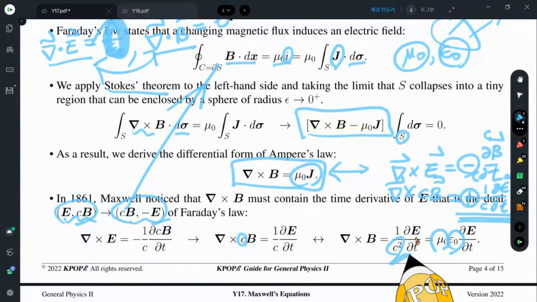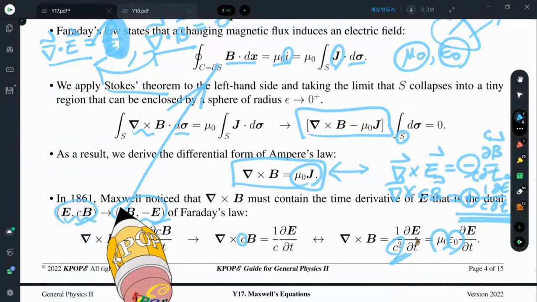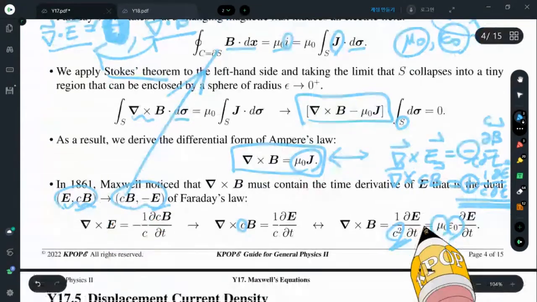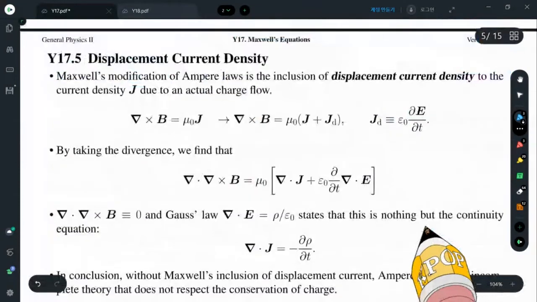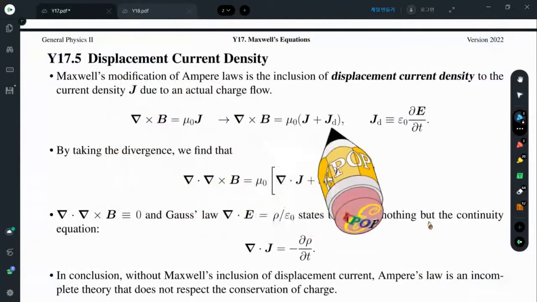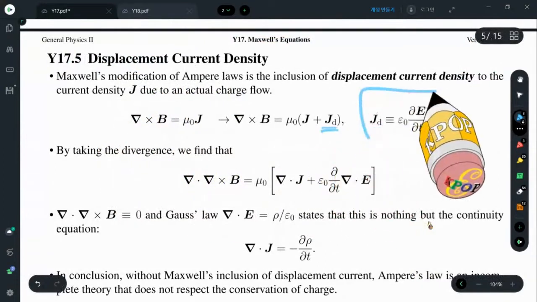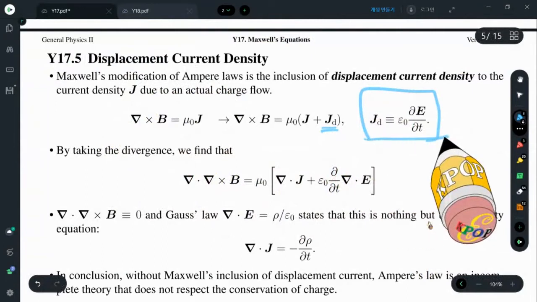So because of the symmetry that Maxwell and Heaviside found, it was possible for them to construct a fully symmetric theory for the electromagnetic field. Let us look at the displacement current we just learned.